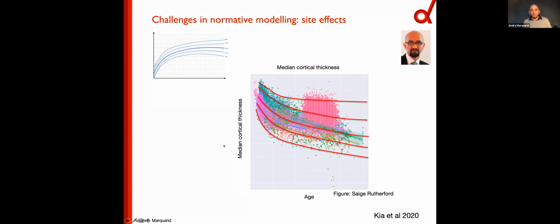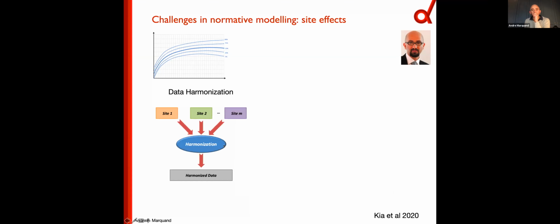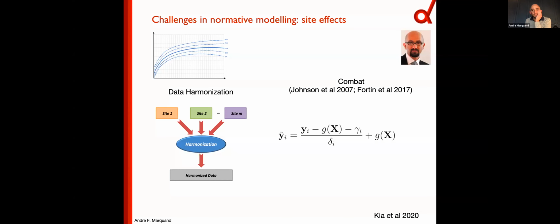The conventional approach is data harmonization, where we take data from different sites and try to match them up using some statistical model, and then we end up with data with site effects removed. The classical way to do that, of course, is ComBat.